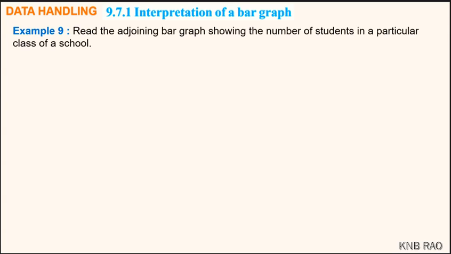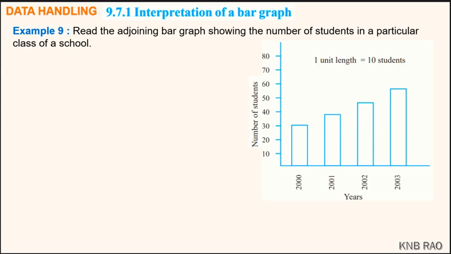Now, children, let us take one more example and solve questions based on reading a bar graph. See, here I am taking example number 9. Read the adjoining bar graph showing the number of students in a particular class of a school. Here is the graph.